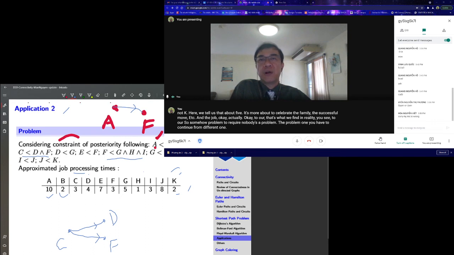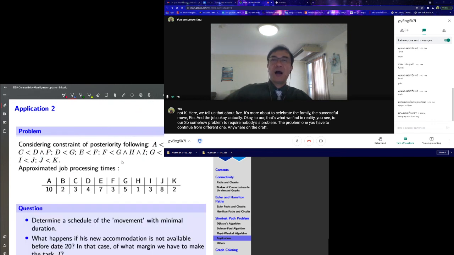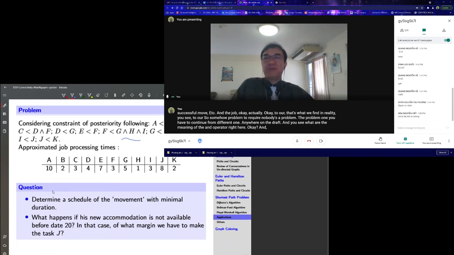And you draw the draft, and you see what is the meaning of the AND operator right here. Okay, then after that you see the real problem here, the question. You have to determine the schedule of the movement so that you get the minimal duration. And the idea of minimal duration means the path with minimum length.